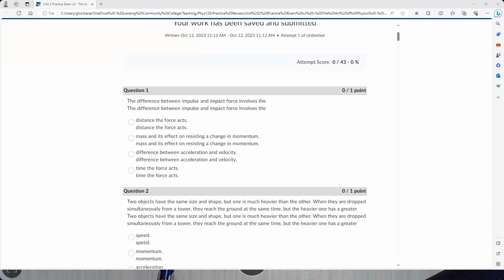Question number 1 is telling us about the difference between impulse and impact force. Which one is the right answer? What do you think?